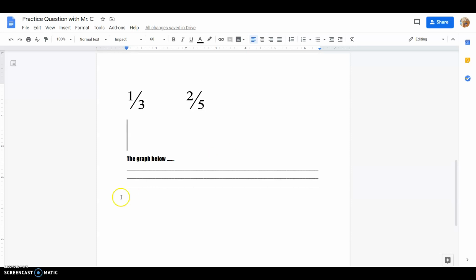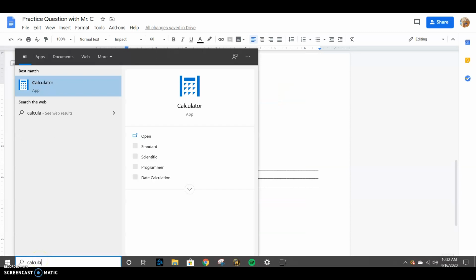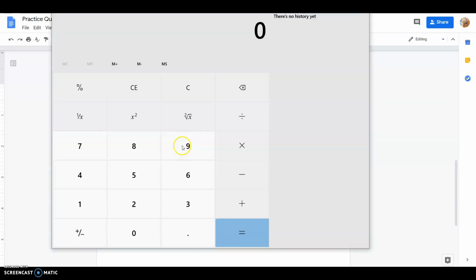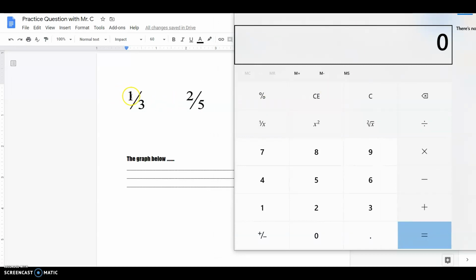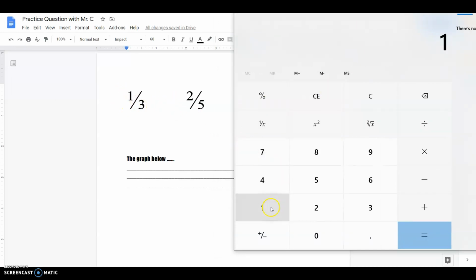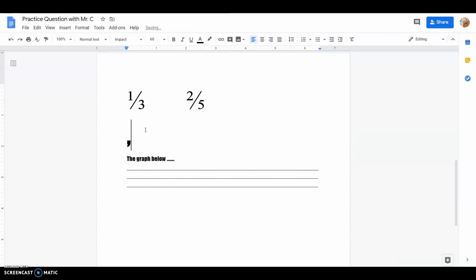So what I'm going to do is open up the calculator. 1/3 is basically saying 1 divided by 3. So 1 divided by 3 equals, and you could just leave that as 0.33.